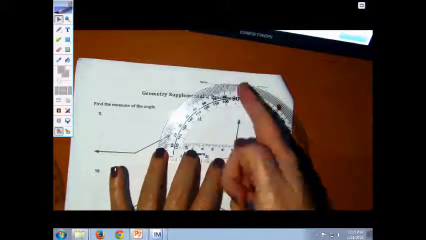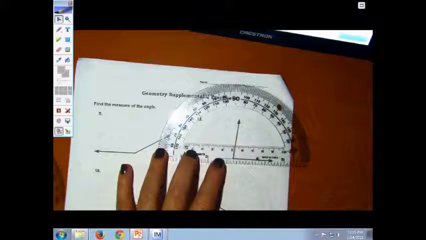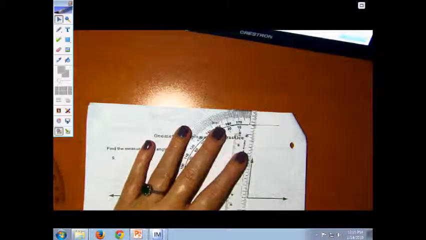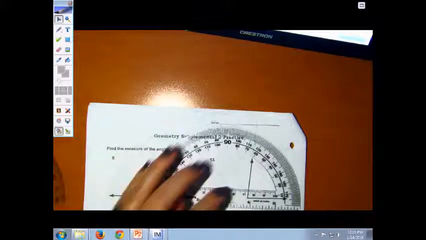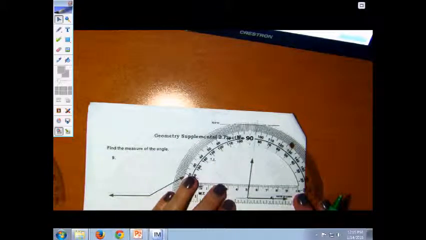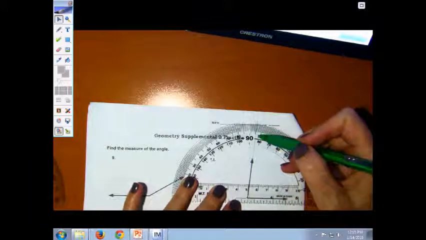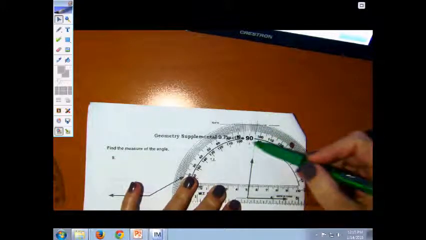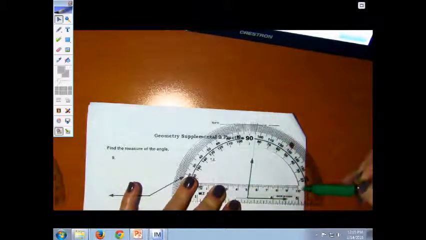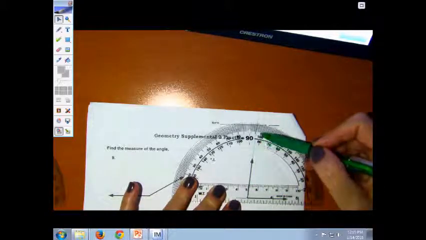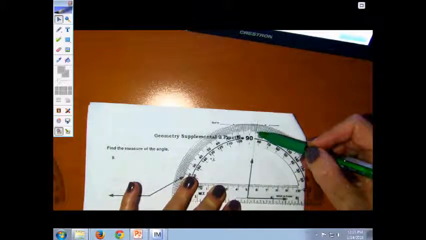Now when this happens, I look at that and I go, okay, that's too small, I can't even measure it, which is possible. So I use my protractor to actually extend the line. Then I go back and reline it up and I look and okay, I'm less than that 90. So I'm starting on the inside, and I say, okay, 80, 81, 82, 83, 84.